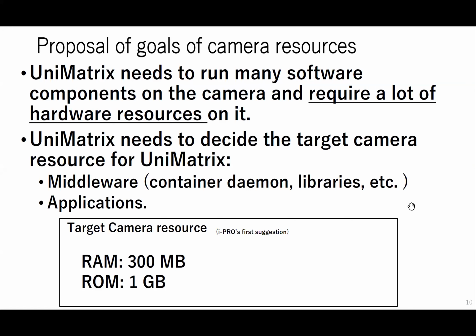I think it's a good idea to make a budget. It would be good if Panasonic, you've already done some basic budgeting, I guess, to have a more detailed breakdown of this 300 megabytes, what it is.